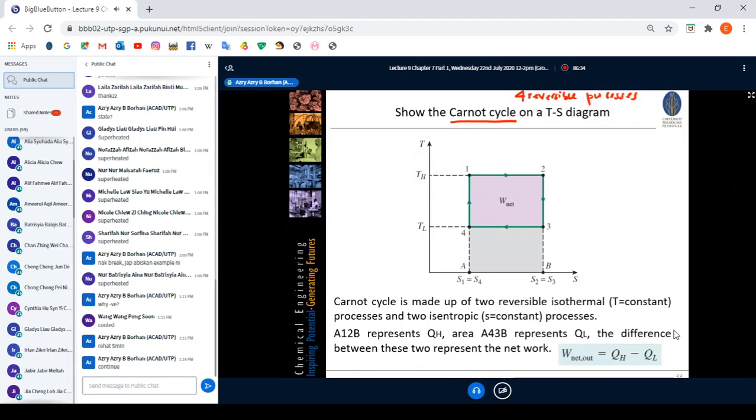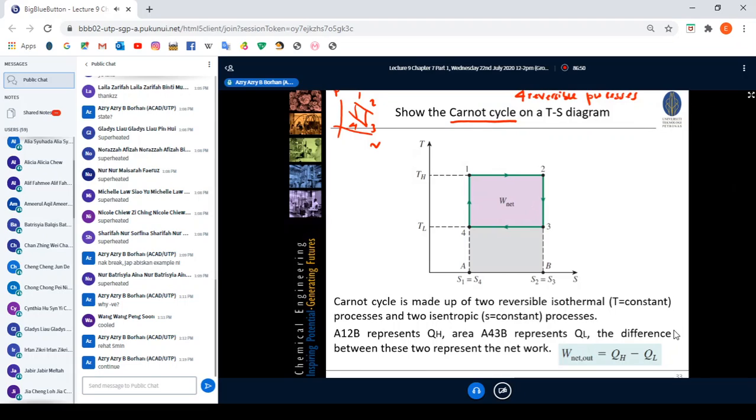Guys, remember the other day you had P versus V, with that curve, something like 1, 2, 3, 4.